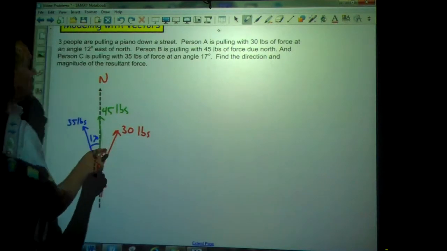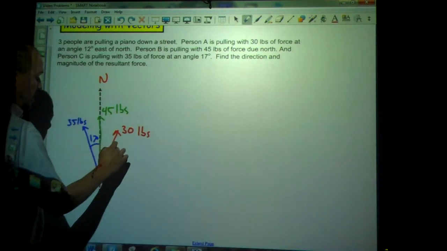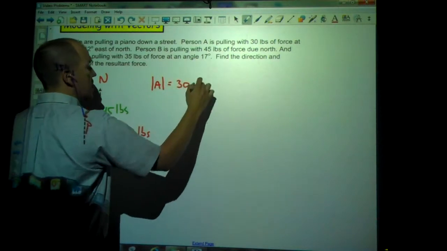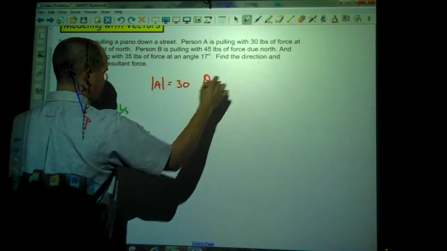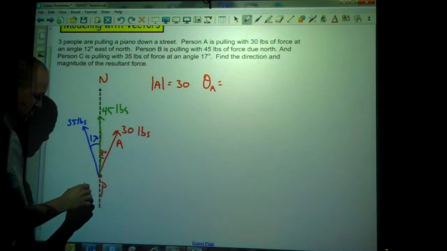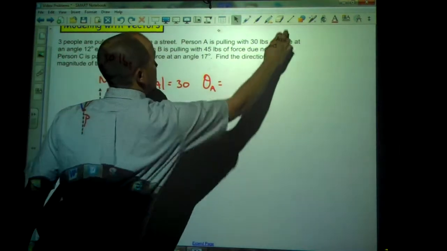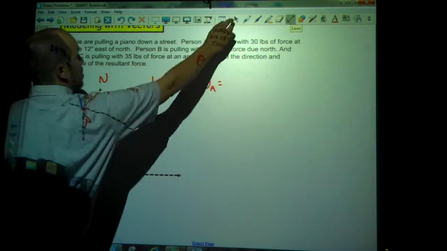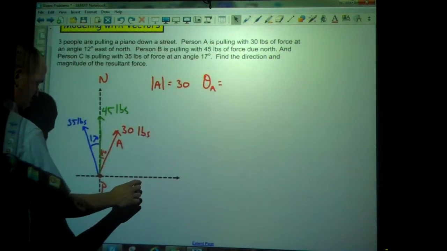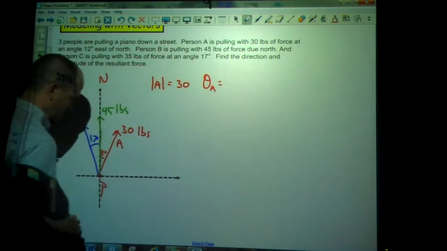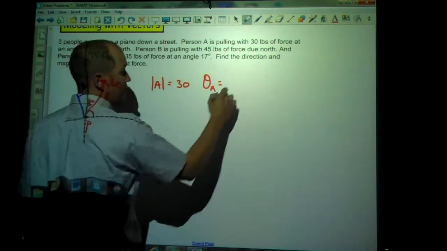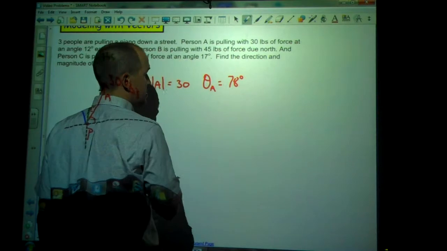So the red vector, that I'm going to call person A. Okay? So the magnitude of A is 30, and the angle of A is not 12. I'm going to use that angle there, which is 90 minus 12. That's 78 degrees.